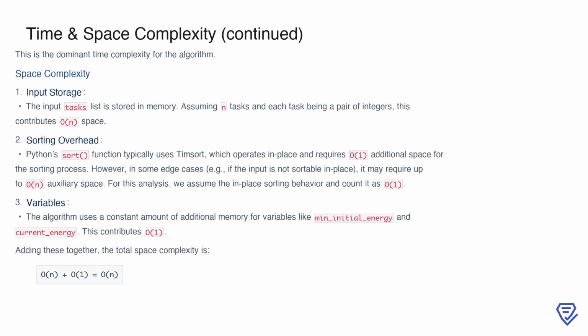In rare cases, if in-place sorting is not possible, it may require up to O(n) auxiliary space, but we assume the typical in-place behavior here. Finally, the algorithm uses a constant amount of memory for variables such as min_initial_energy and current_energy, which adds an O(1) space cost. When we add these together, the total space complexity is O(n) plus O(1), which simplifies to O(n). This shows that the algorithm is space efficient.